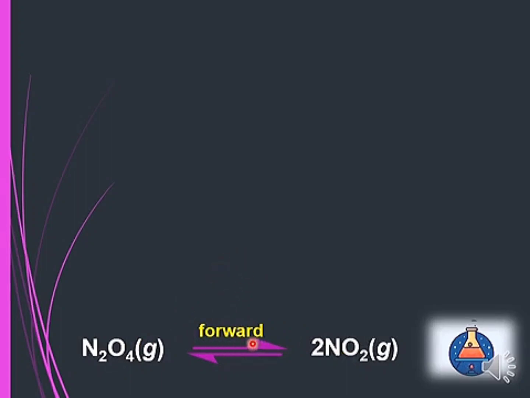So kita panggil sebagai forward reaction. Okay, ini yang biasa awak buat. Okay, from left to right, dia adalah forward reaction. If the reaction occur from right to left, we call as reverse reaction. Okay, so this yang kita panggil sebagai reversible reaction.